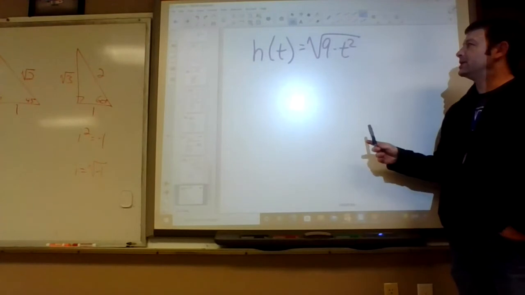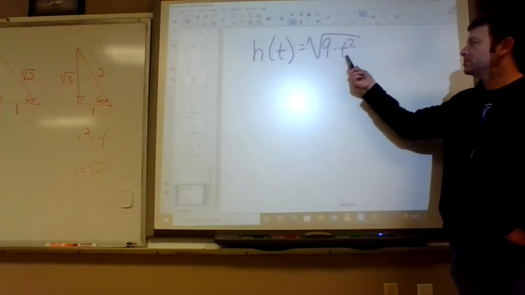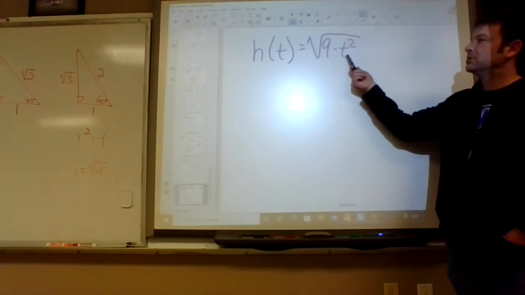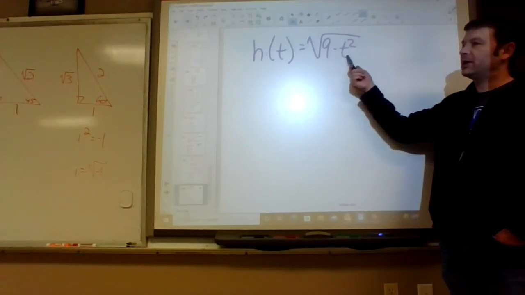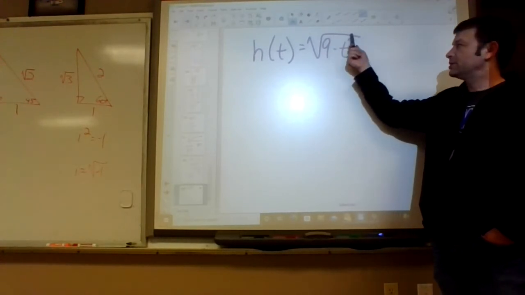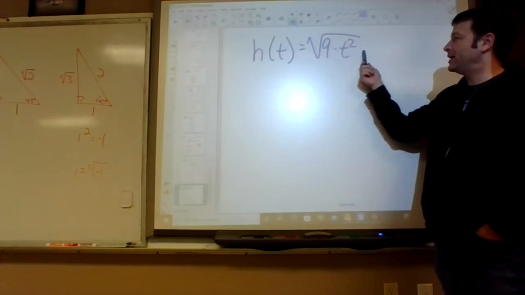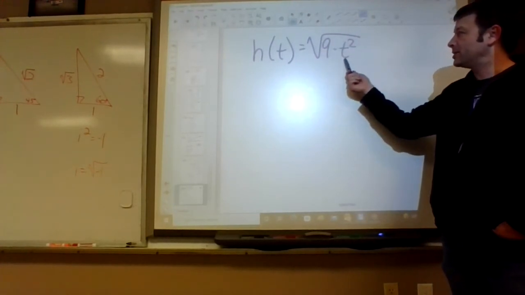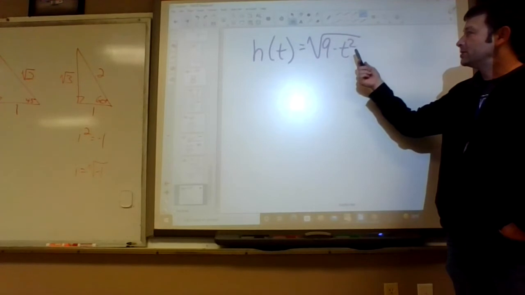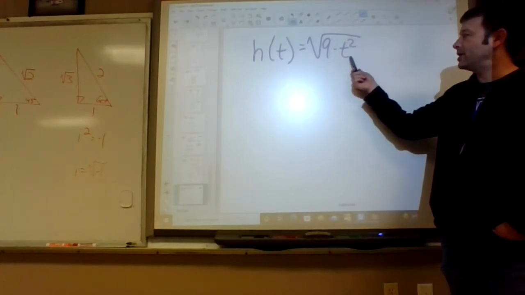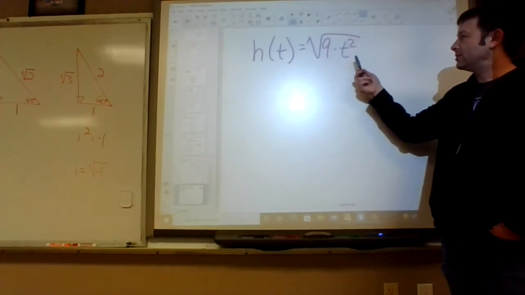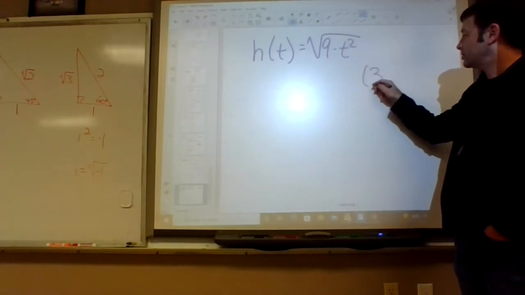Could we put in, let's say, 10? 10 squared is 100. 9 minus 100 is negative something. No. You can't have a negative under the square root, or it's imaginary, which wouldn't be graphed. So what is the biggest thing we can put in? 3, because 3 squared is 9. You get 0. And, yeah, 3 would work.